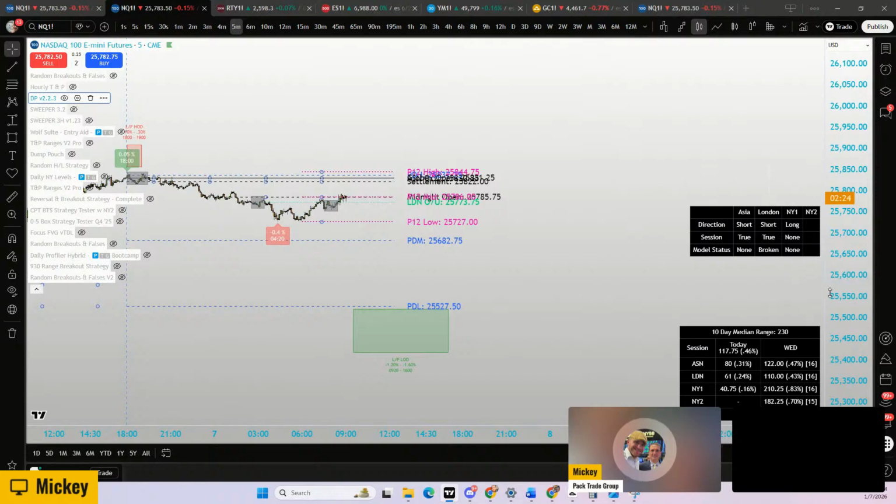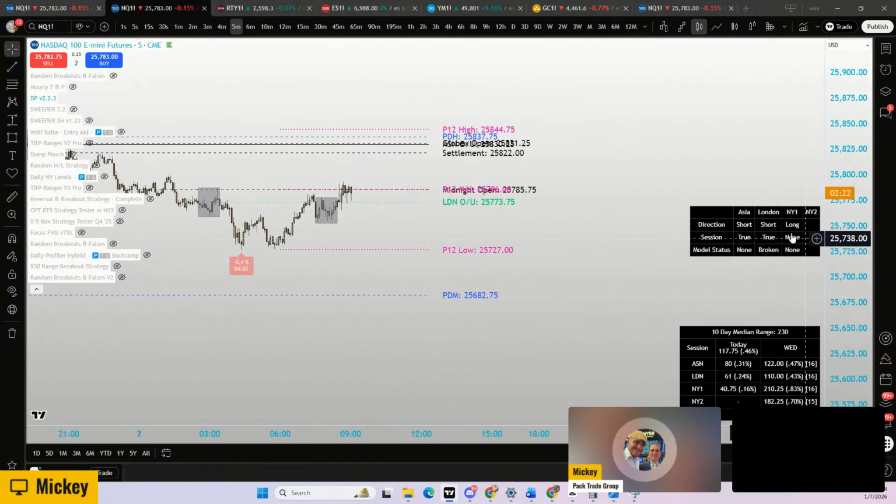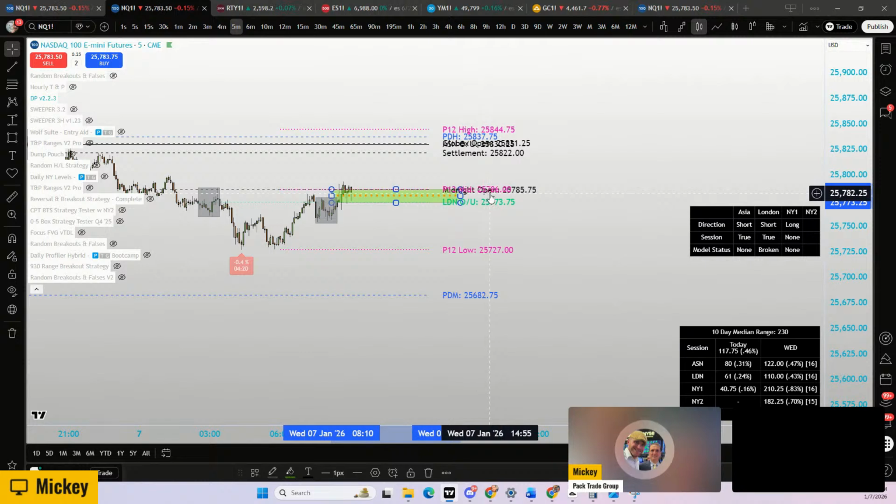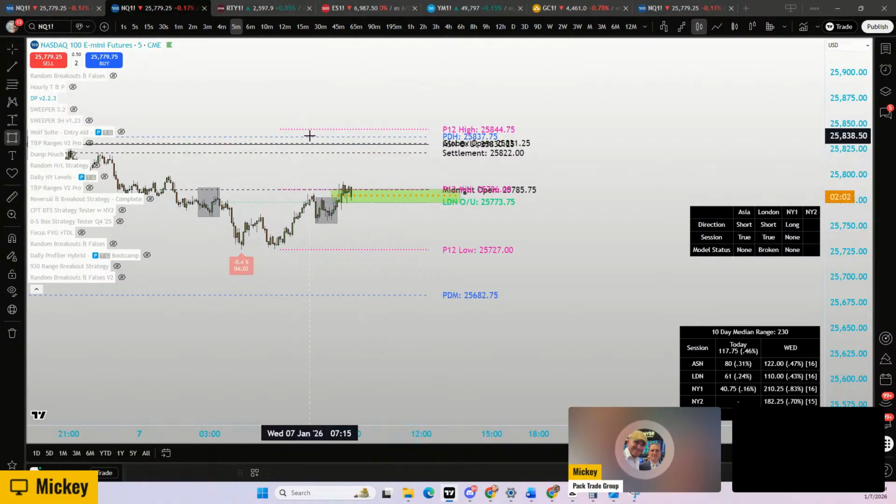All right, so moving on, right? Trade plan is going to be long in the 9:30 up to this level. Right, we're either going to reject right here, right now, London OU midnight and P12 mid, like we are doing, and then we're going to go false and start heading below the previous day mid, etc. Or we're going to keep going up, and we'll do the reversal where these probabilities are.